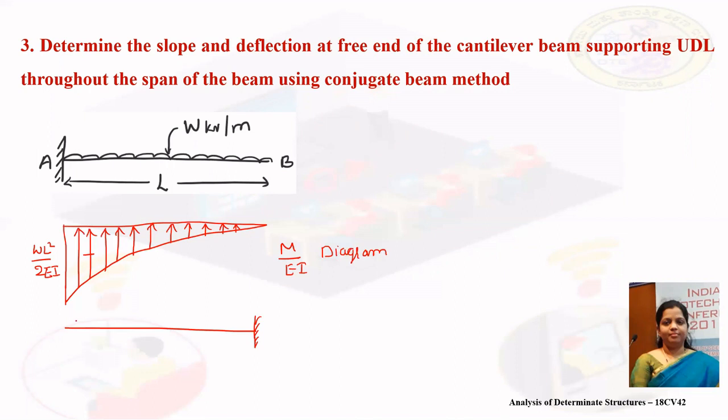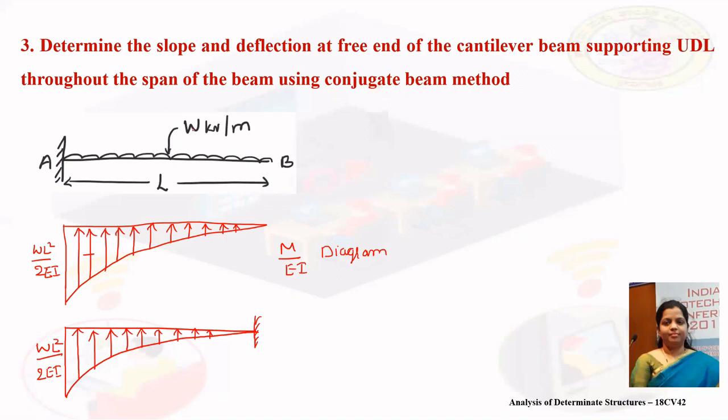Now for this conjugate beam, we will transform the loading, that is the M by EI diagram. The loading will be in this pattern. The value is WL square by 2 EI.